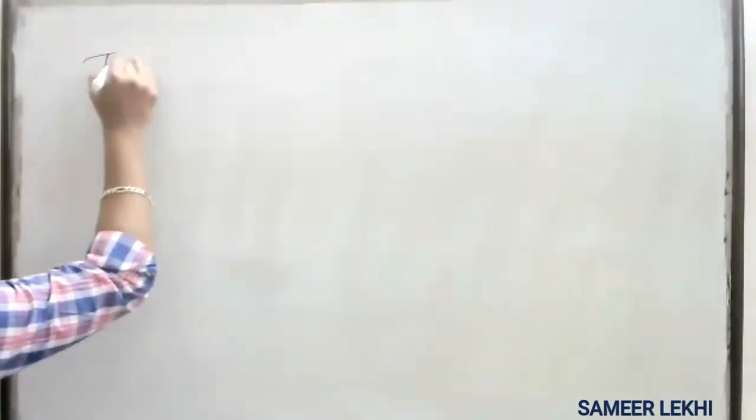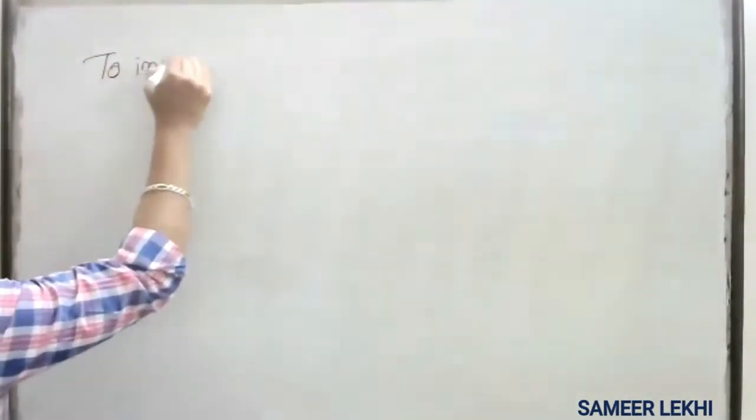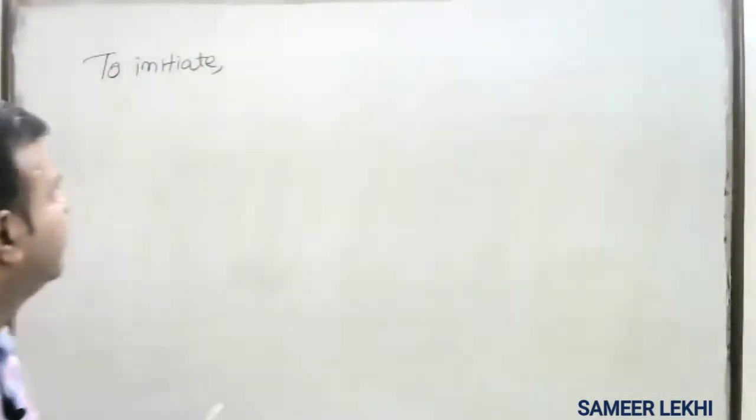Okay, now let's begin first of all with the linker. So, to initiate, comma, to initiate. Now we are talking about the reasons, right? So let's write it active.